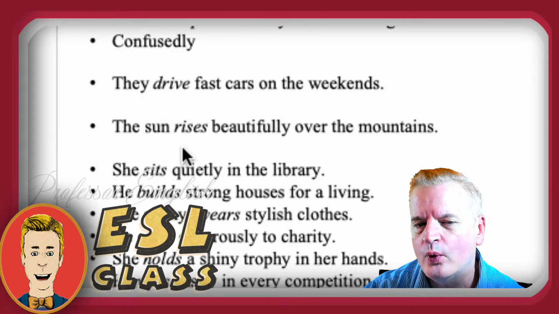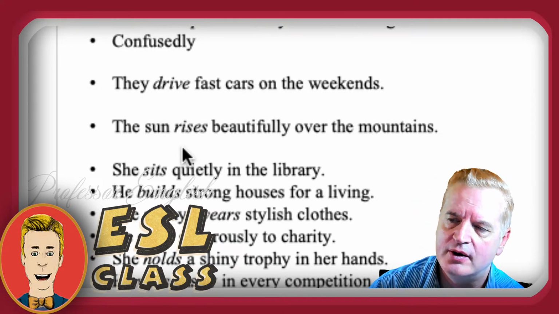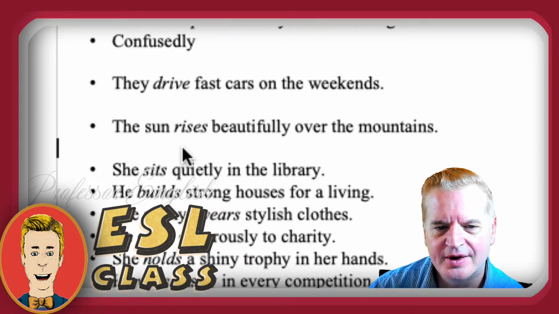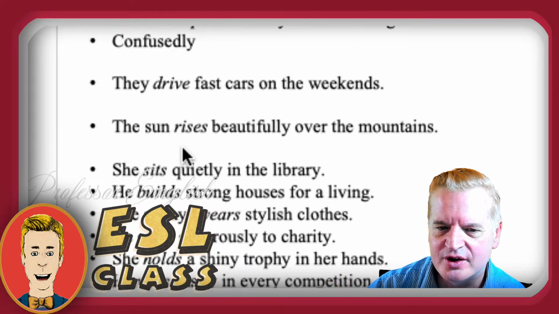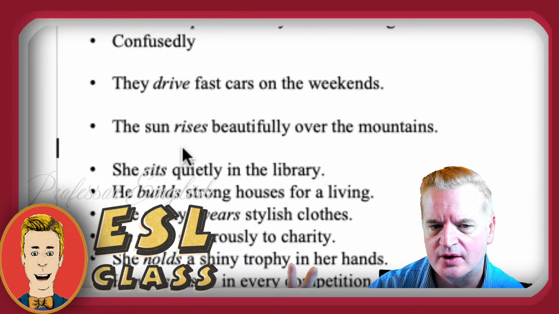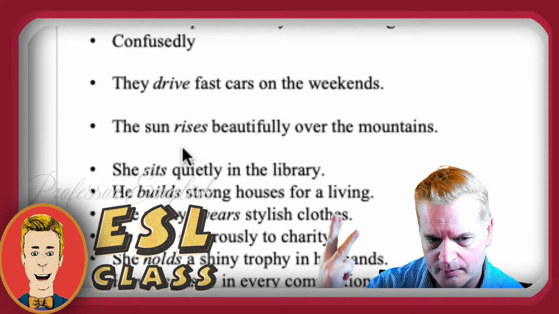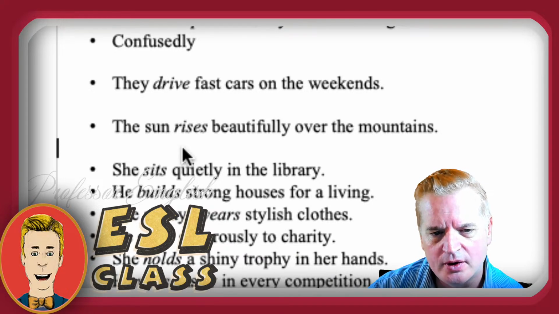Let's make a where question: where does the sun rise beautifully? How will you make that a question? You have to use the question form. Statement form: the sun rises. Question form: does the sun rise? Where does the sun rise beautifully?